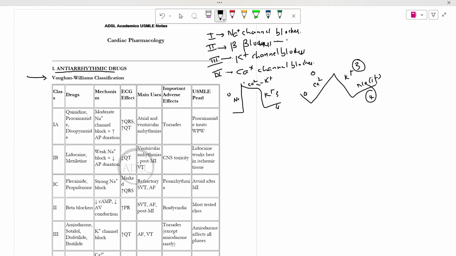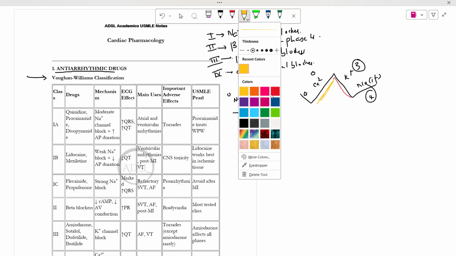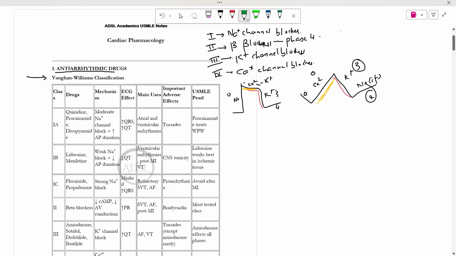Beta blocker usually acts on phase 4. Sodium will act wherever sodium is supposed to act. Potassium will act where potassium is supposed to act. So let us draw. Potassium will act slightly over here also, here also. Over here in the conducting tissue, potassium will act over here. Calcium will act over here in the plateau. And sodium will act here and sodium will act over here.